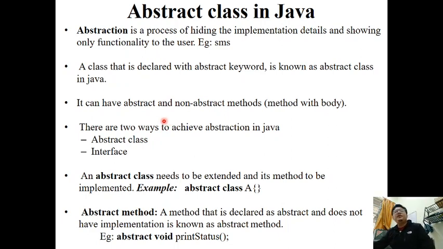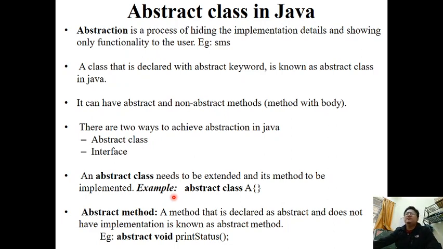If there is a class with an abstract method, then that class has to be declared as an abstract class. There are two ways to achieve abstraction in Java. This topic is mainly concerned with one of the features of object-oriented programming, abstraction.